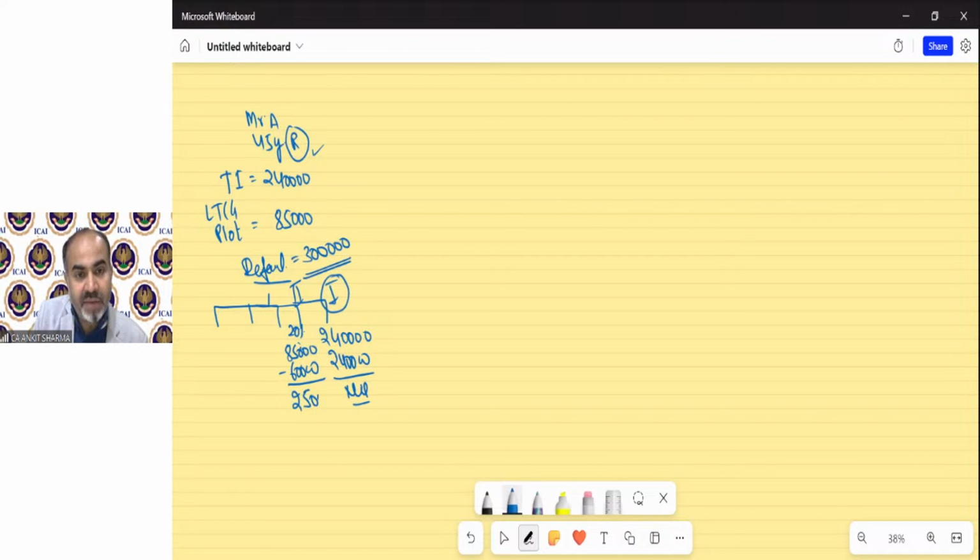Now we have 25,000 taxable income. That is going to be taxed at the rate of 20%.